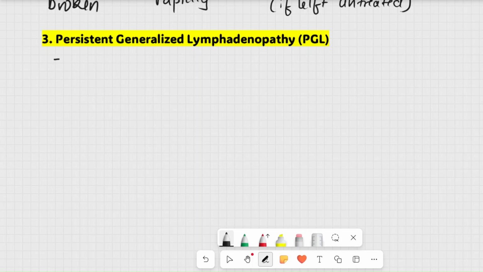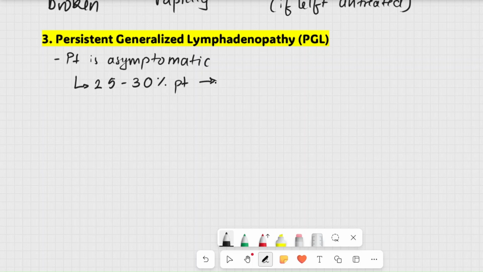Most of the patients are in the asymptomatic stage only. Only in nearly 25 to 30% of the patients can they show lymph node involvement. In them the lymph nodes get involved or may get enlarged, resulting in this persistent generalized lymphadenopathy.